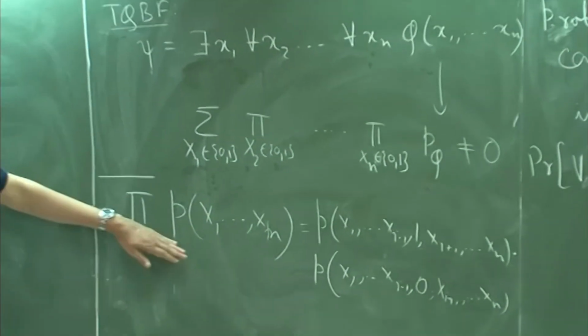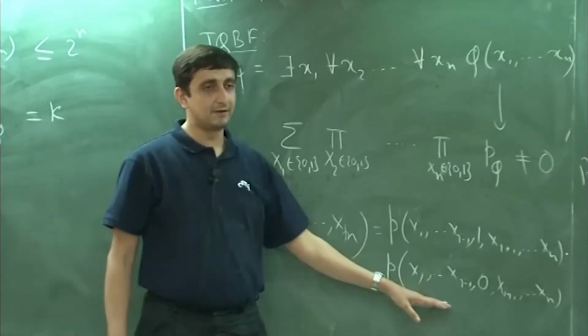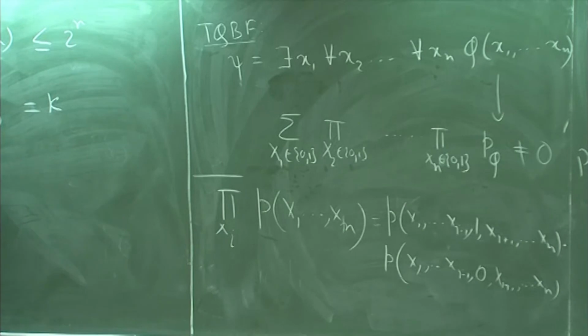Okay. So, if p had, let us say, degree d, the product polynomial can have degree at most 2d.